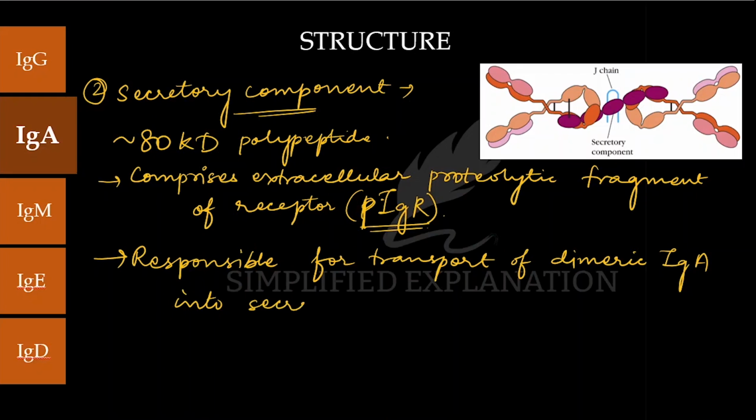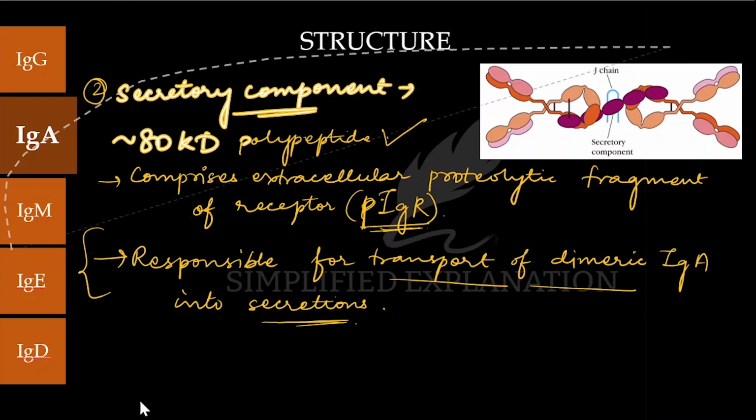From the name only we can understand it will be transferring dimeric IgA into the secretions. So what we have seen is that the secretory component is an 80 kilodalton polypeptide comprising the proteolytic fragment of the receptor PIGR, polymeric immunoglobulin receptor, and it is used for transporting dimeric IgA into the secretions.